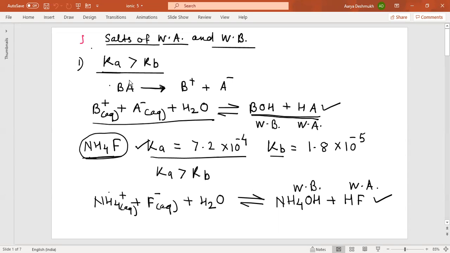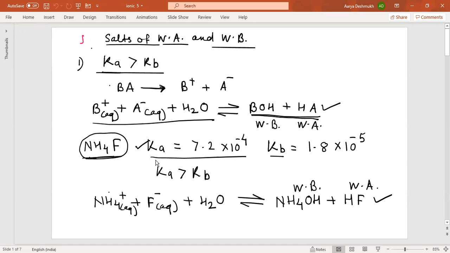So this is a salt of weak acid and weak base. In case of the salts of weak acid and weak base, whether the resulting solution will be acidic, basic, or neutral can be decided by knowing the values for Ka and Kb.